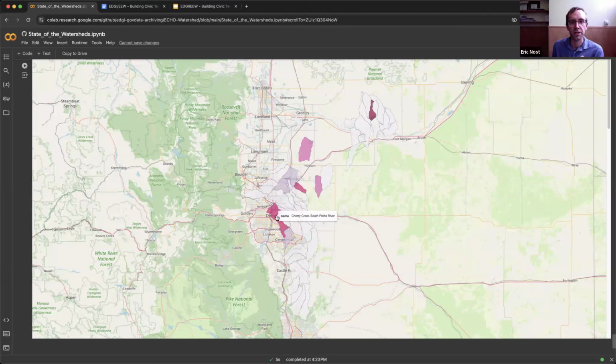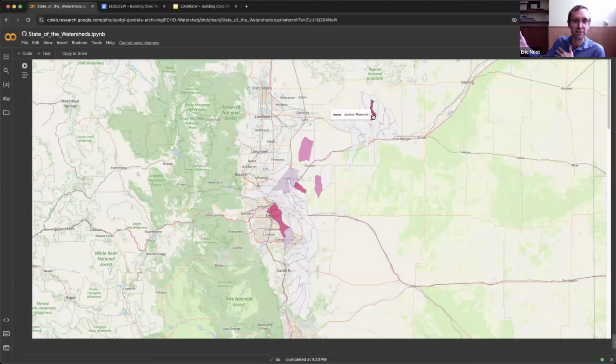So the darker the shade of purple here, the more degraded a sub-watershed in the overall big one in Adams County has been determined to be. Now, there's a lot of gaps here because those sub-watersheds haven't been assessed. If we look at the ones that have been assessed, we can see some hot spots of degradation.